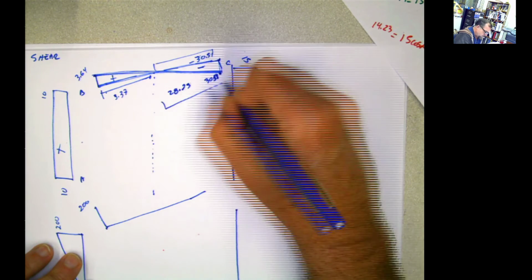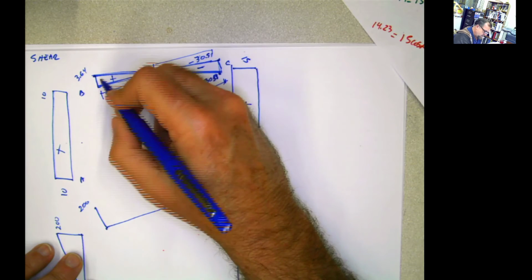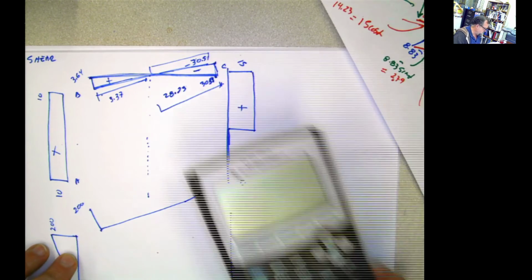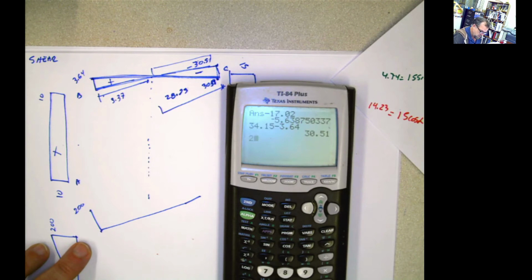So if you add this area, 3.64 times 3.37 divided by 2, to 200, you will have 206.1.